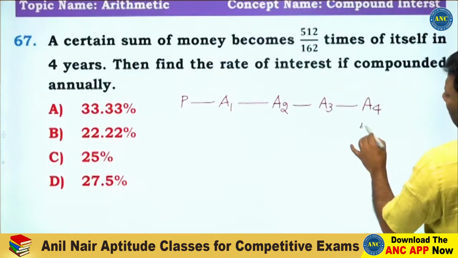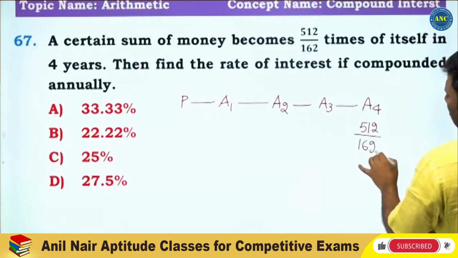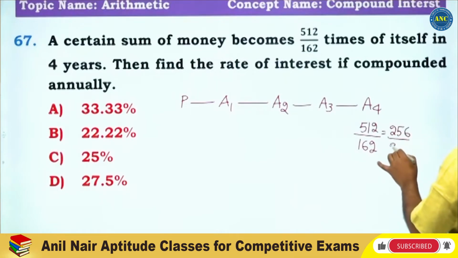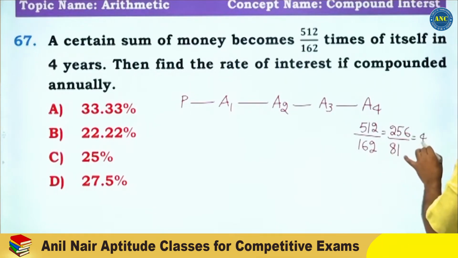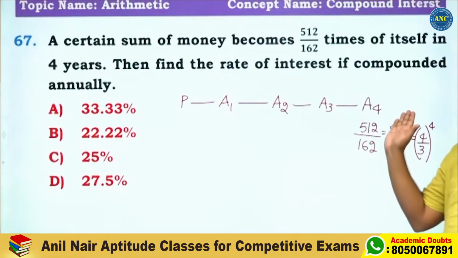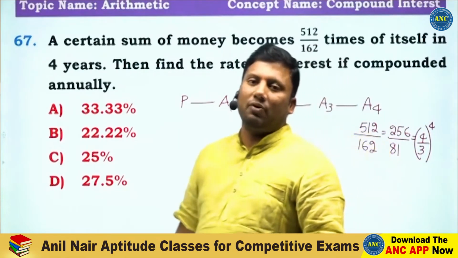So after the fourth year, this became 512 by 162. If I condense it to 256 and 81, this is 4 by 3 power 4. Answer is 4 by 3 power 4 times the principal.